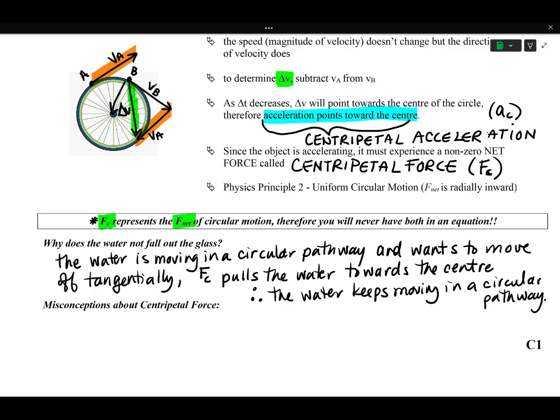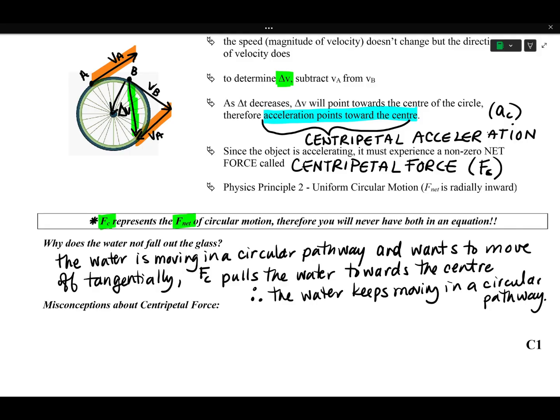So some misconceptions before we get moving here. A lot of times when you're on those roller coaster rides, you feel like the force is pulling you out of the car or that you're trying to fly out of the circle. But really, that centripetal force is acting to the center.